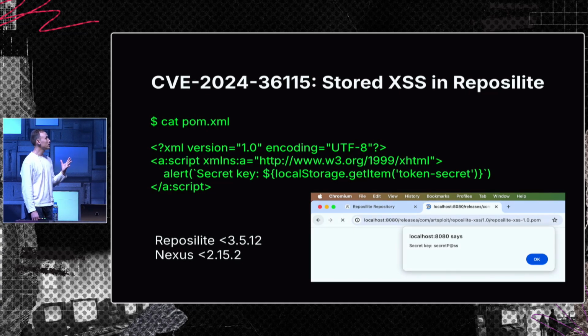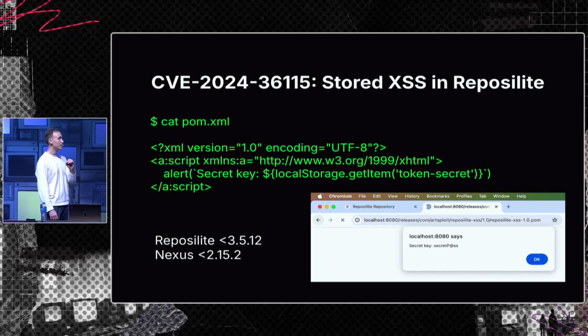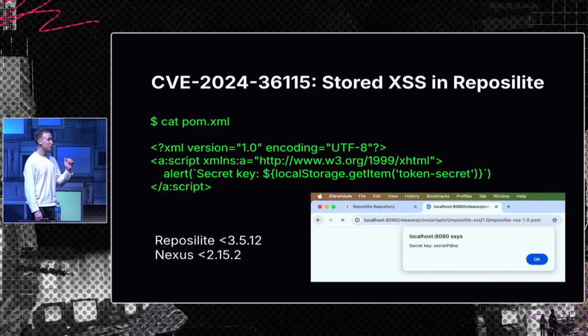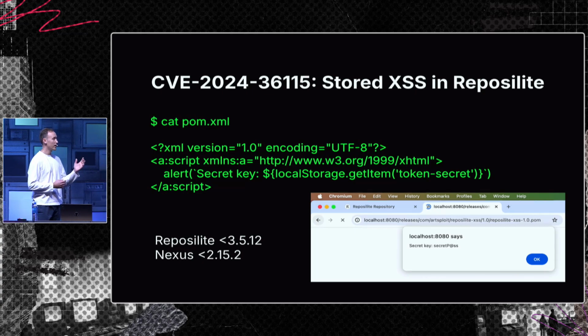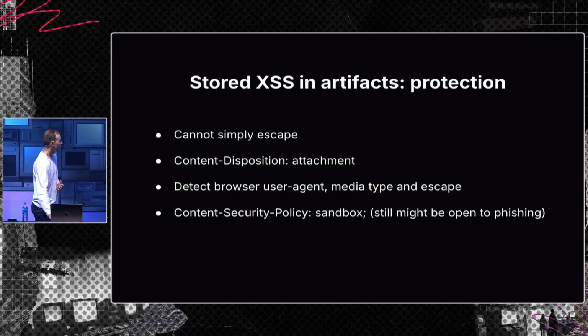So we can put this simple POM.XML file into the central repository and then just download it to Repositories. And therefore, without any permissions, we can get full stored XSS in one of these products.